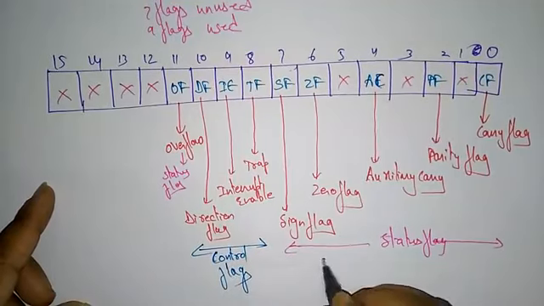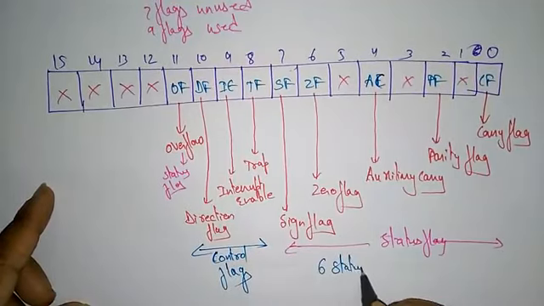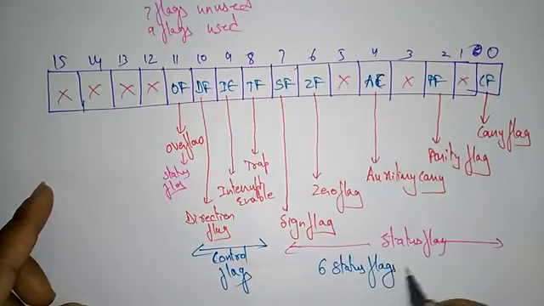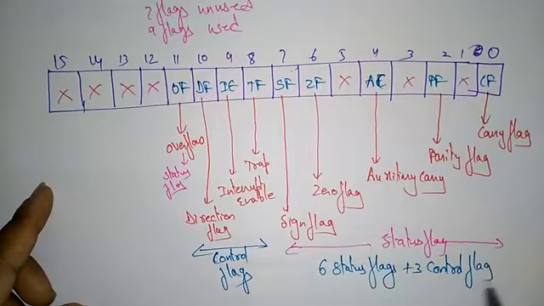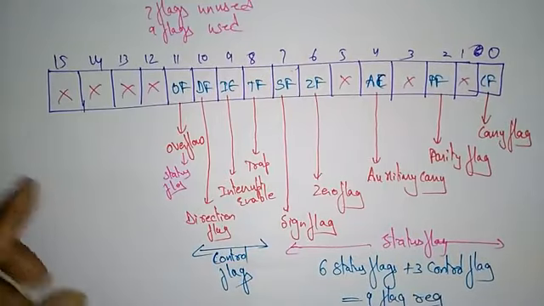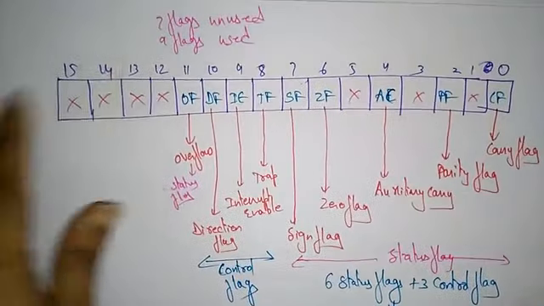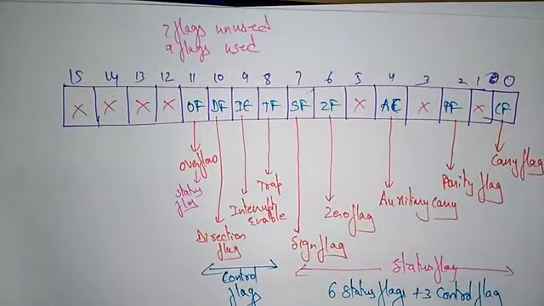Okay, 6 status flags plus 3 control flags, total 9 flag bits are used, and the 7 flags are unused. So this is about the flag register, which is one of the functional parts of the execution unit.